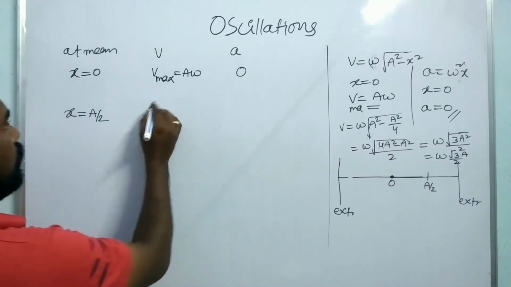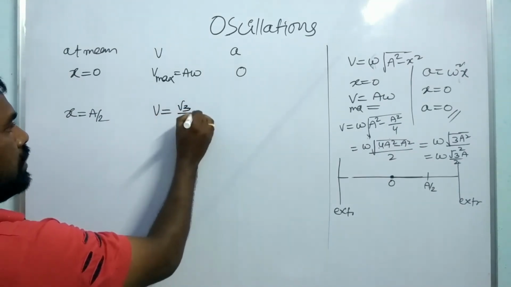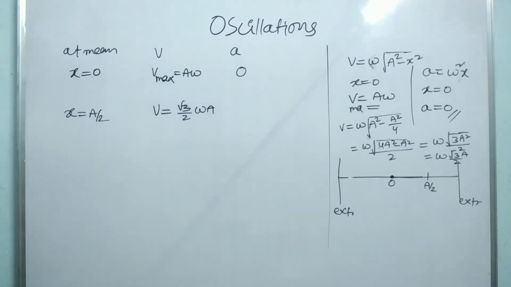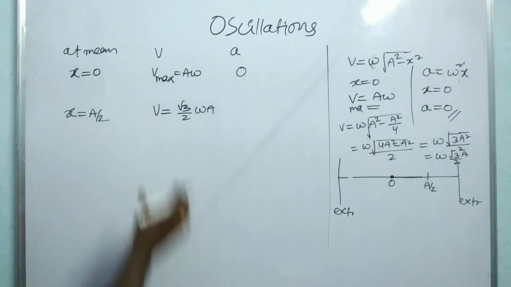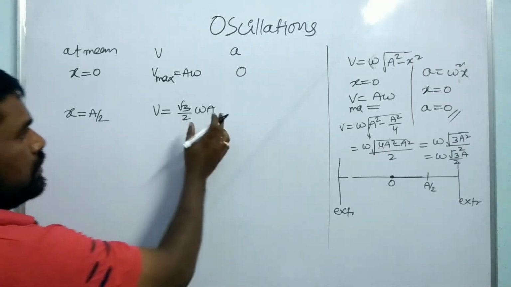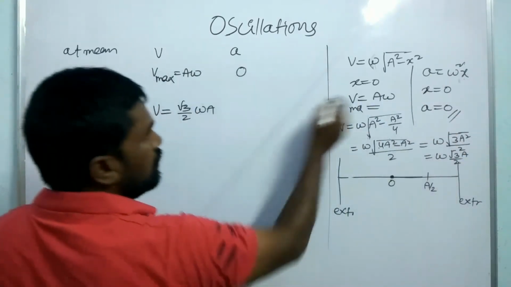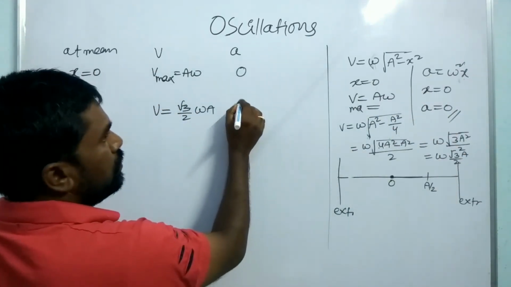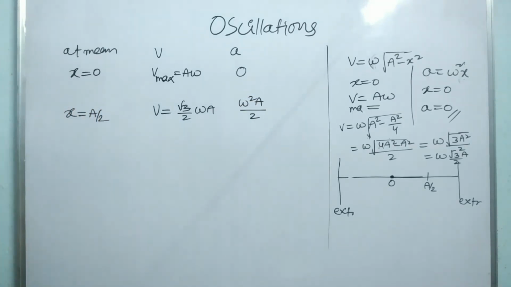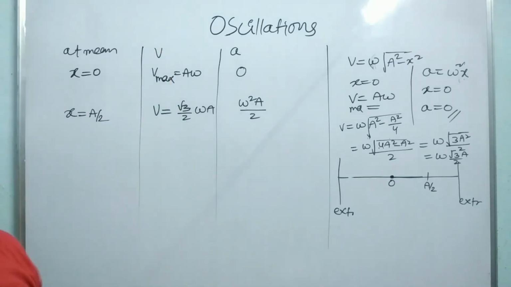So V is equal to root 3 by 2 omega A. So this is the V value where x is equal to A by 2. But if x is equal to A by 2, then acceleration is equal to how much? Omega square A by 2. Clear? These are the values we have to write.